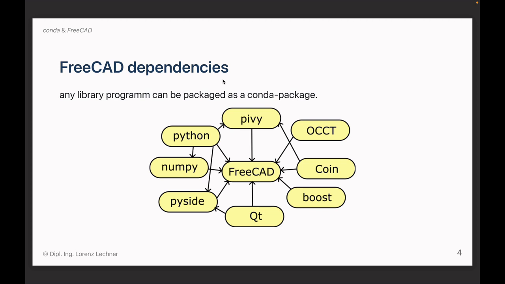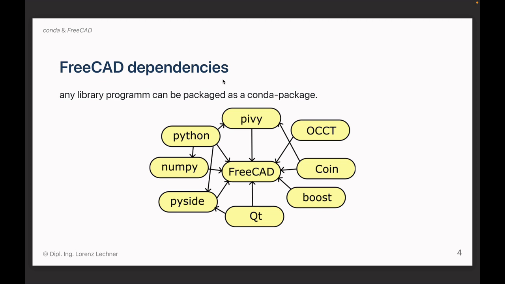Any library or program can be packaged as a conda package, so we can see these dependencies also as packages. So we have OCCT, the geometry kernel of FreeCAD. Then we have Coin, the 3D visualization library. Then we have Boost, Qt for the graphical user interface. PySide, which is the Python binding to Qt.